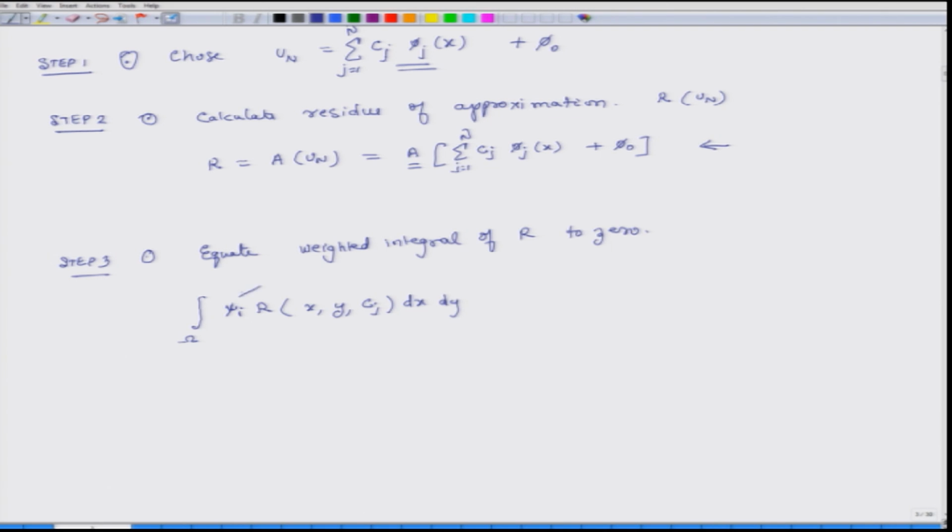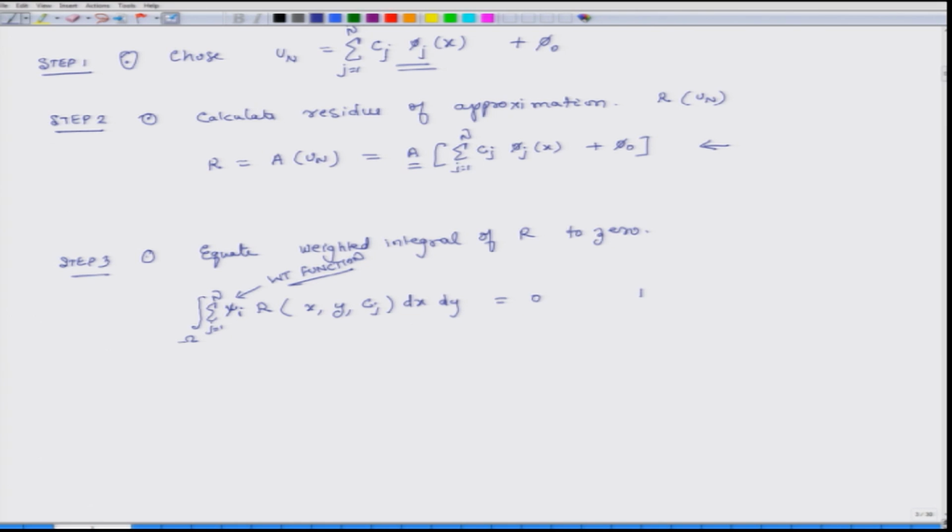So, this is my weight function. And this I equate to 0. And of course, I forgot I have to sum over j equals 1 to n.